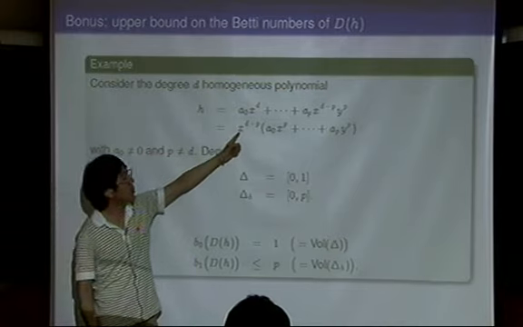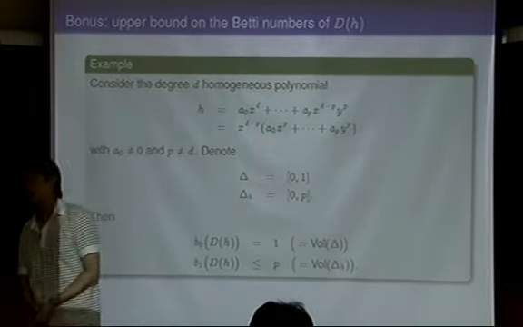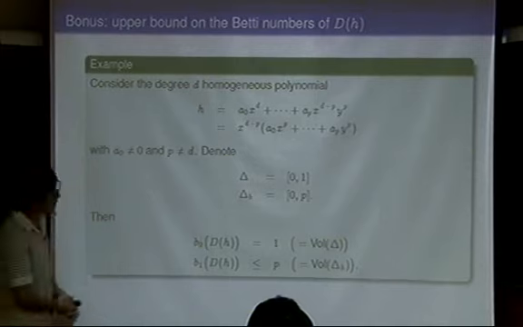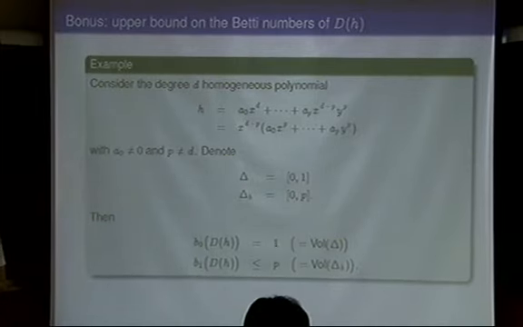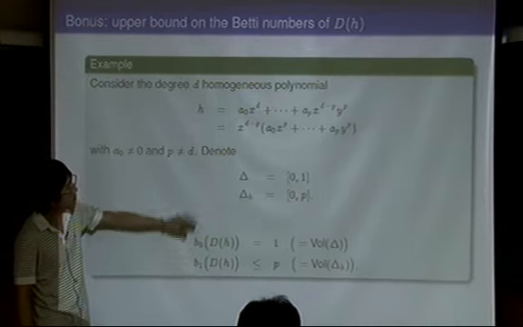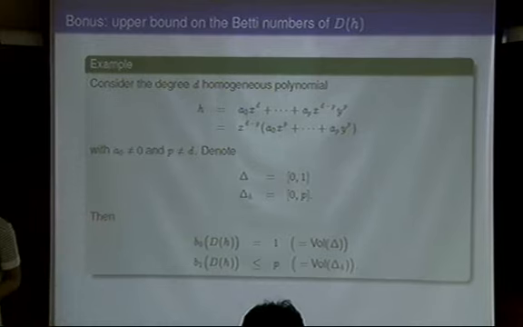We have 1 zero coming from this vector, and we have another degree p homogeneous polynomial which can have at most p zeros. So our complement has the homotopy type of a wedge of d minus 1 circles if we have d zeros. So in this case, we have a bound of the Betti numbers in terms of the sparse structure of h. I say that we can generalize this example.